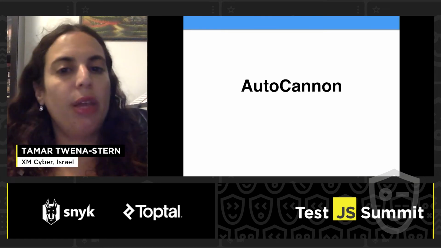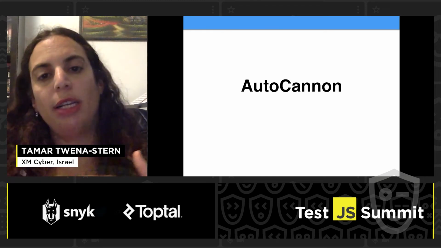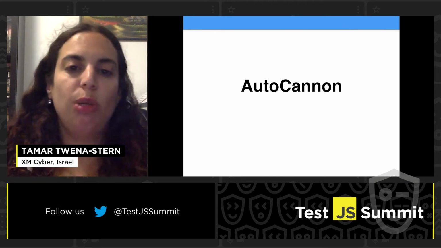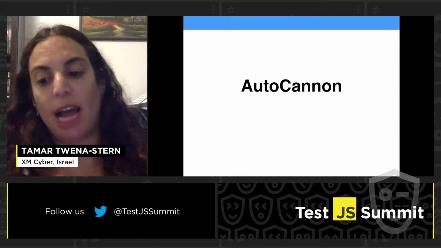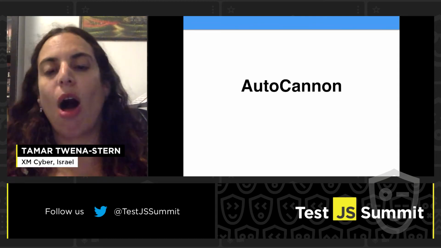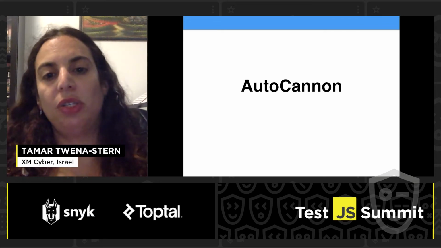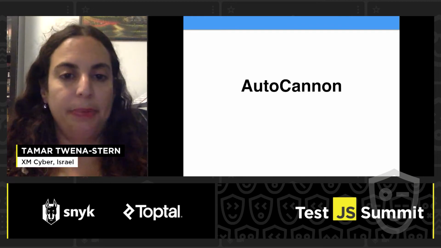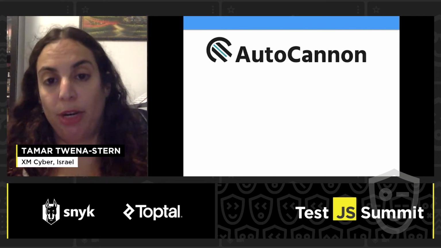You need to control the amount of concurrent users. You would like to control the runtime. I mean, you want the tool to run for 15 minutes or 30 minutes, for a period of time. And that is how Autocannon gets into the picture as a really good tool to simulate performance testing and do benchmarking.